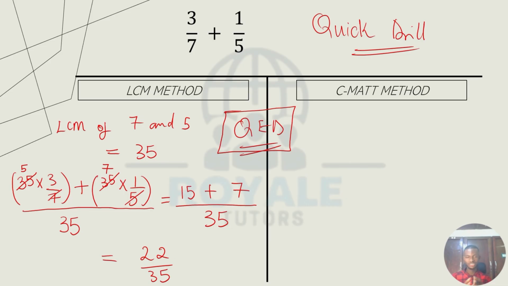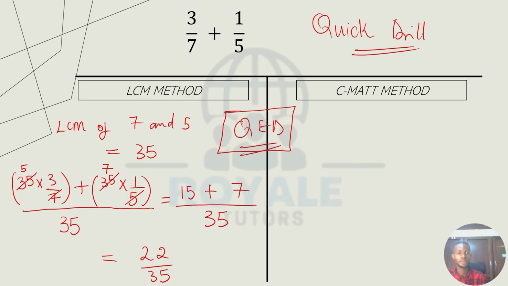That is 15 plus 7: 15, 16, 17, 18, 19, 20, 21, and the 22nd number is the 7th addition. So you have 22 over 35 as the final answer for this question.